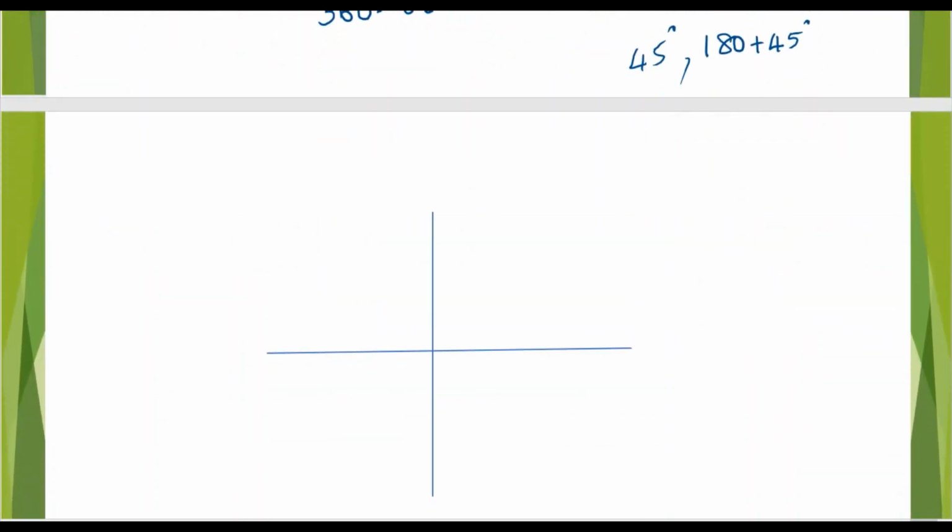And next, let us see the quadrants. I hope you know, this is the first quadrant: all, sine, tan, and cos. Okay. So in the first quadrant, all the values are positive. Sine, cos, tan, everything is positive.